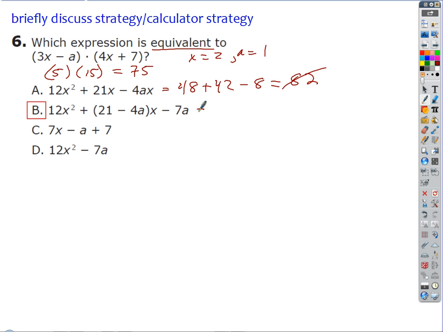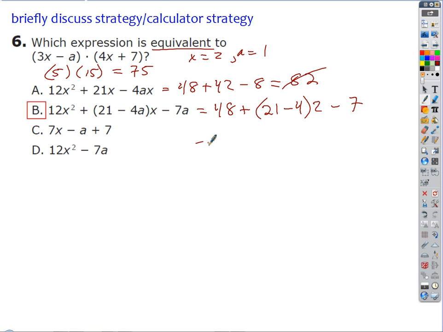What about this one? I'm going to get 48 plus 21 minus 4, right? 4 times 1, A is 1, times 2 minus 7 times 1 is 7.